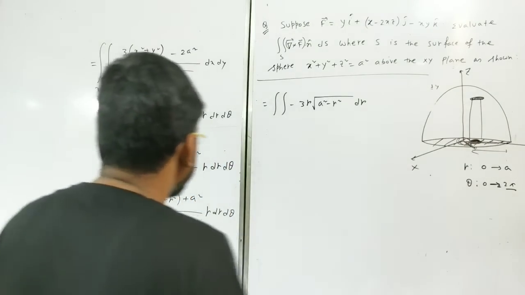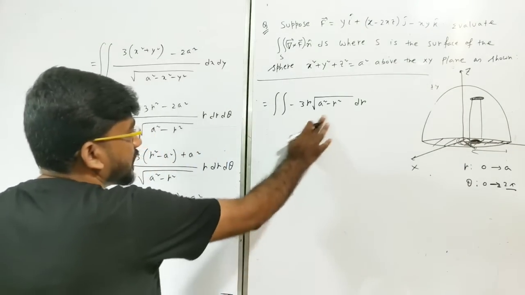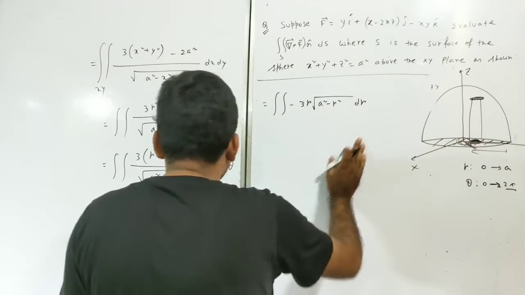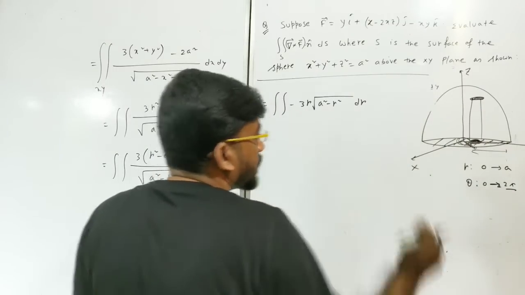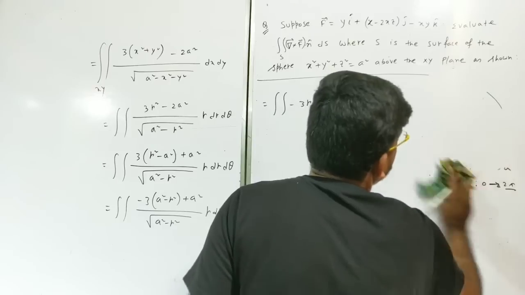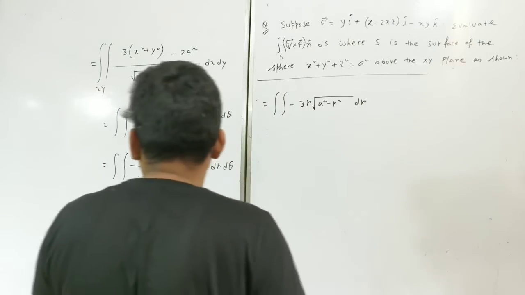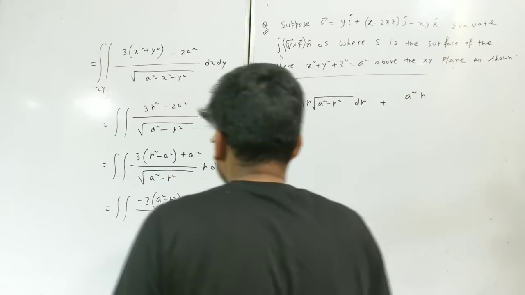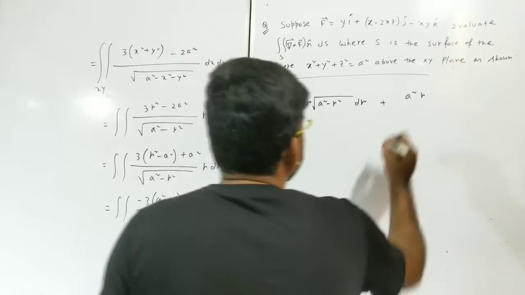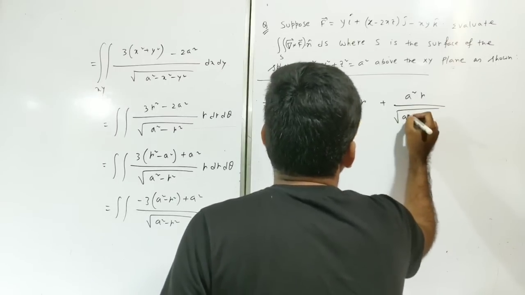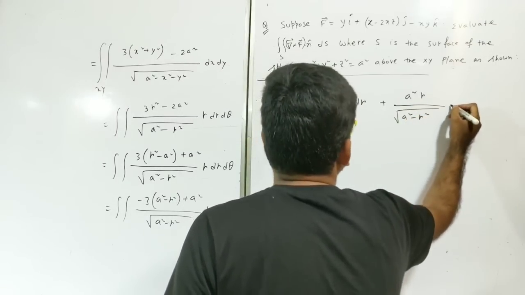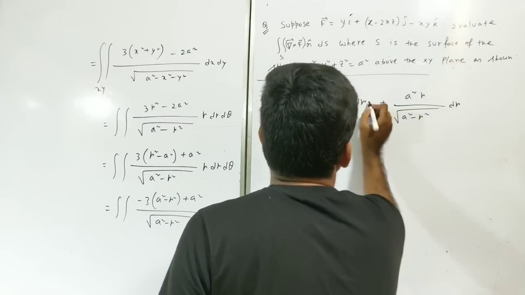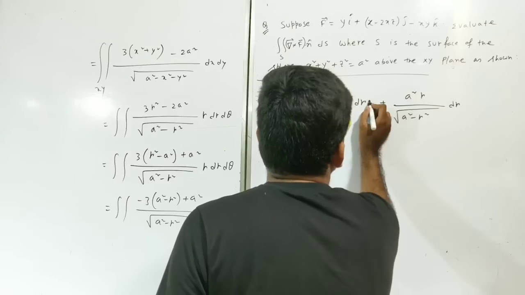So this is minus 3r root of a square minus r square into dr, plus a square r divided by root of a square minus r square into dr, and obviously d theta, dr d theta.